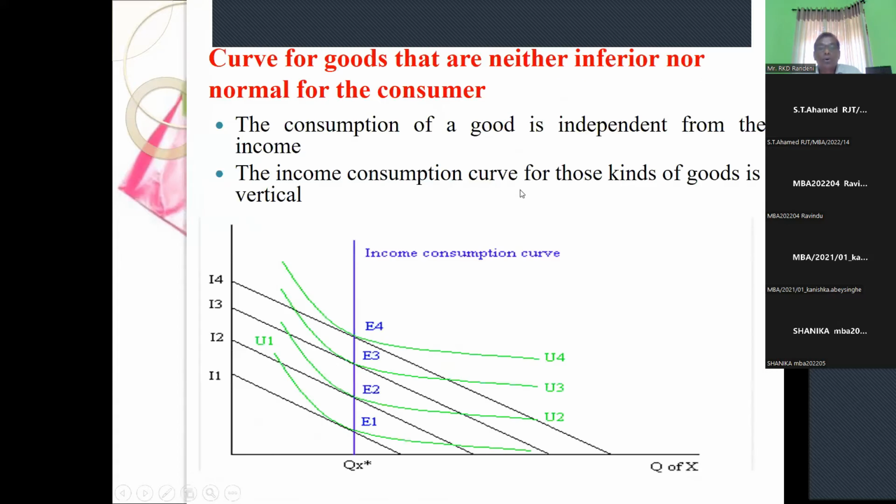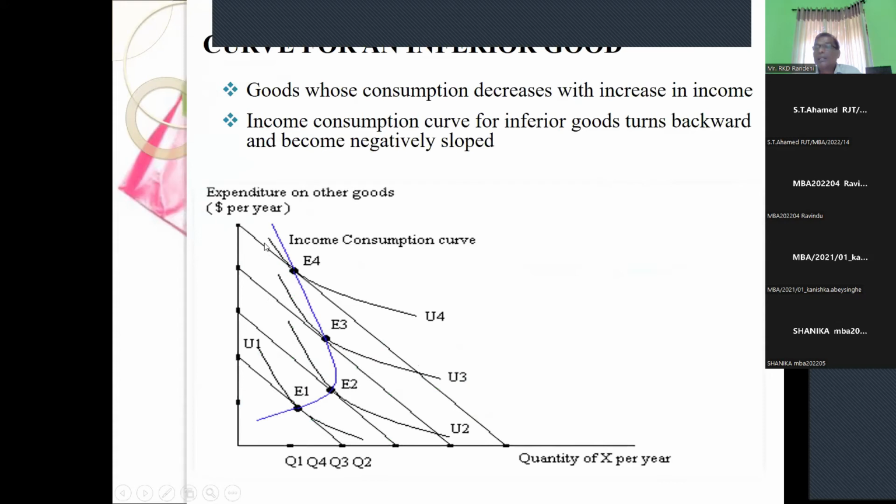According to the slope, the shape of the ICC, you can identify whether the commodity is normal or inferior.